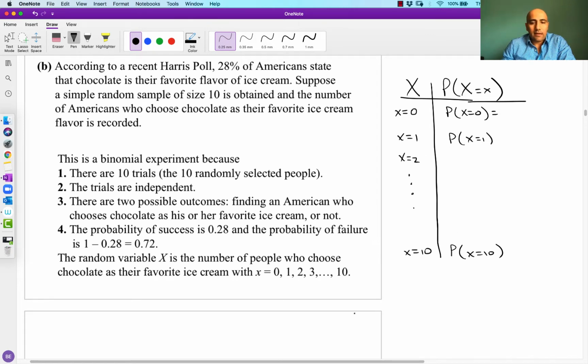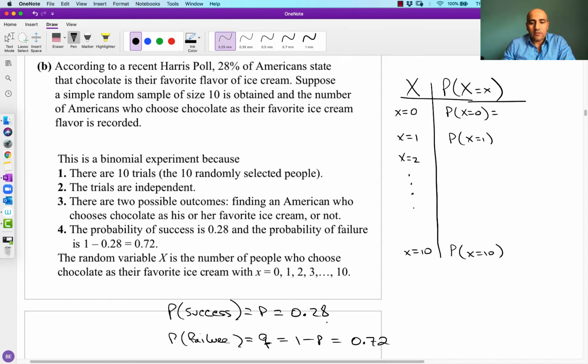Okay, and remember again the probability of success. The probability of success is equal to the letter P, or we use the letter P traditionally, and that's in this case equal to 0.28. And the probability of a failure, often we use the letter Q, and that's also 1 minus P, which is the complement, which is equal to 0.72.